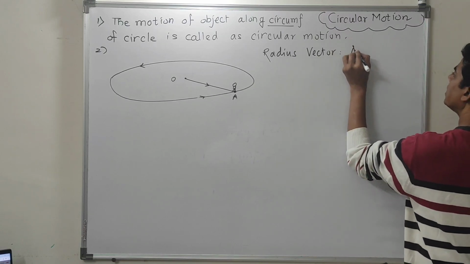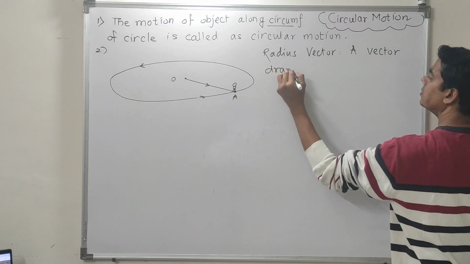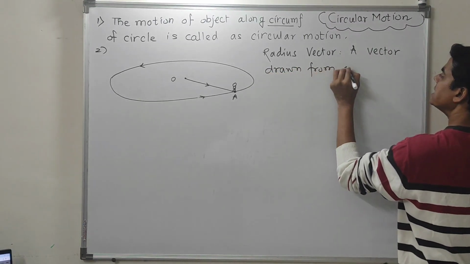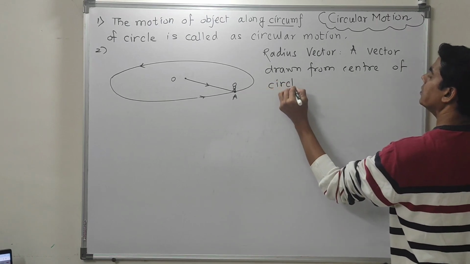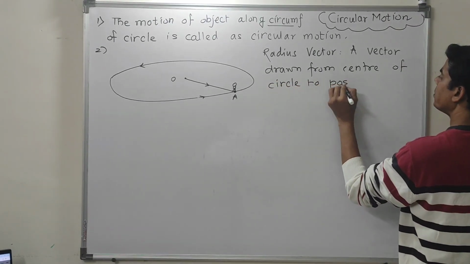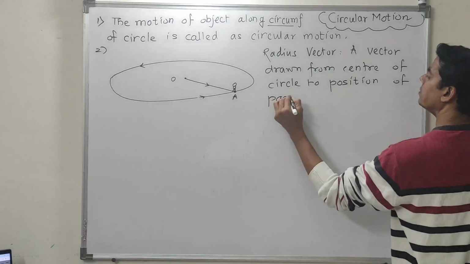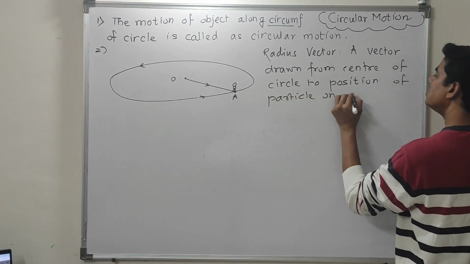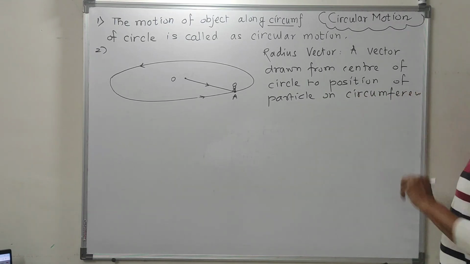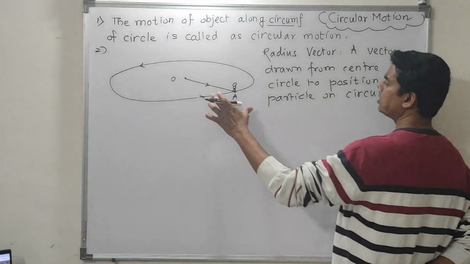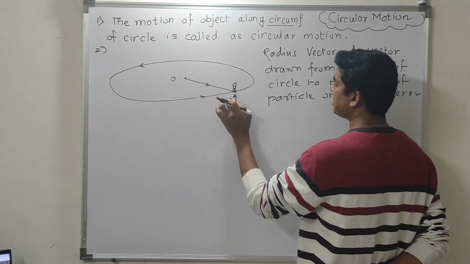What is a radius vector? A vector drawn from the center of the circle to the position of the particle on the circumference. This is called the radius vector.